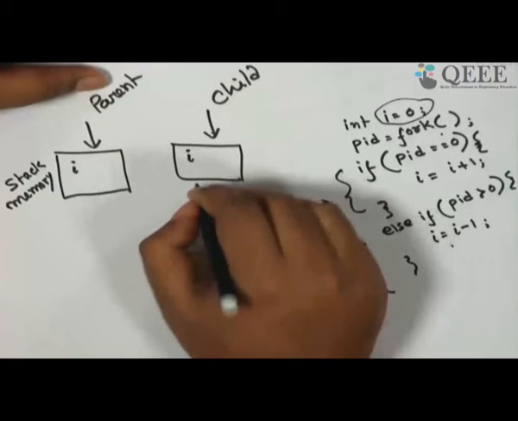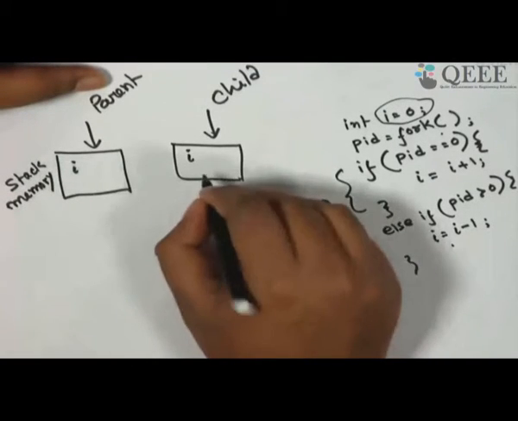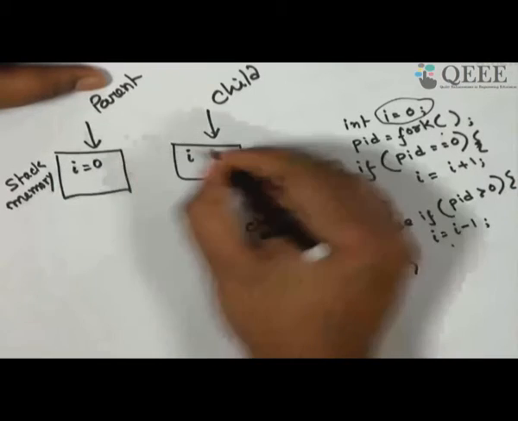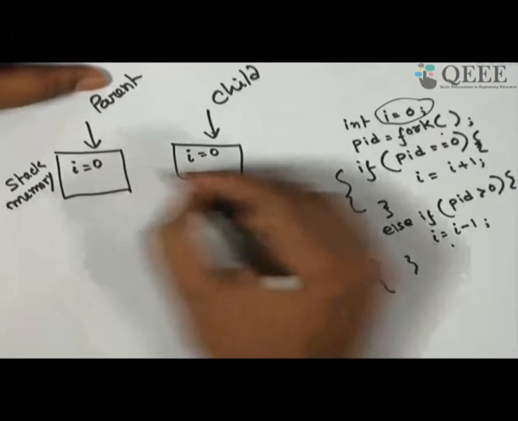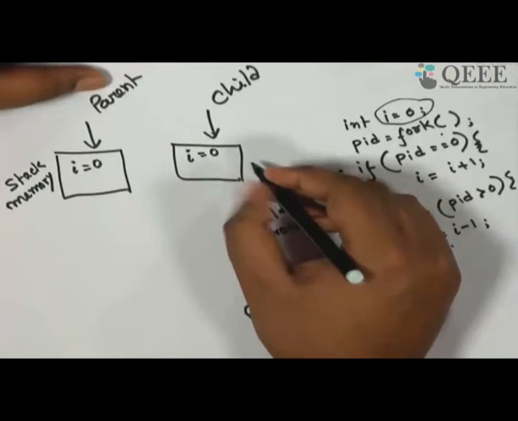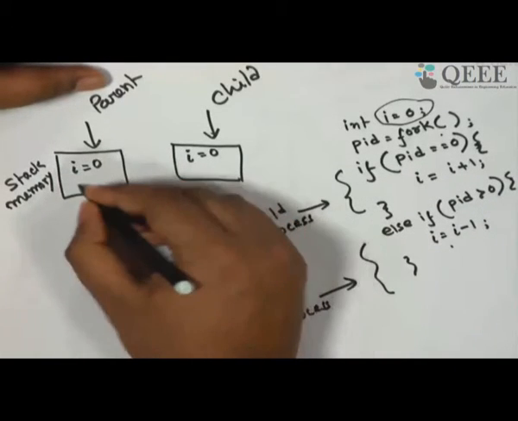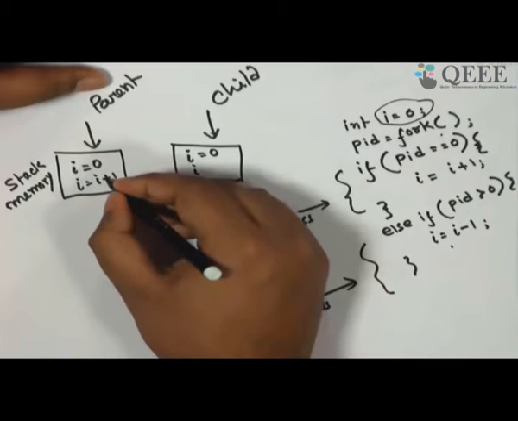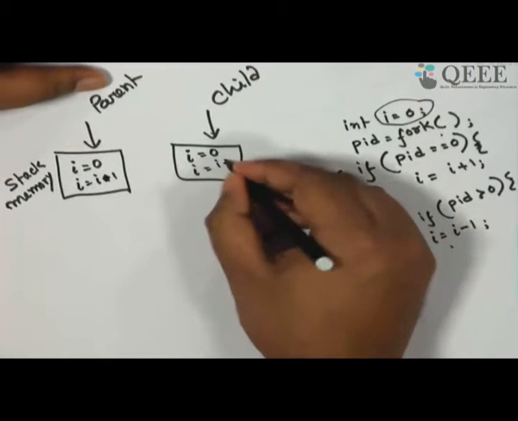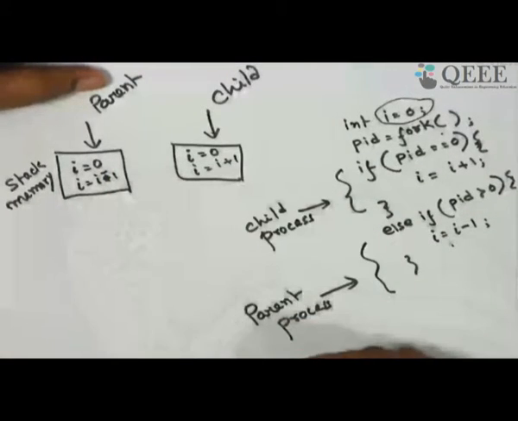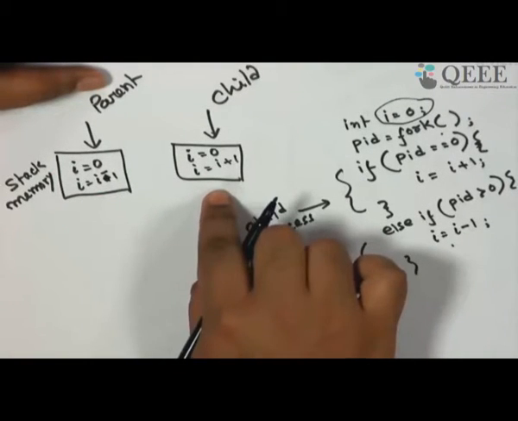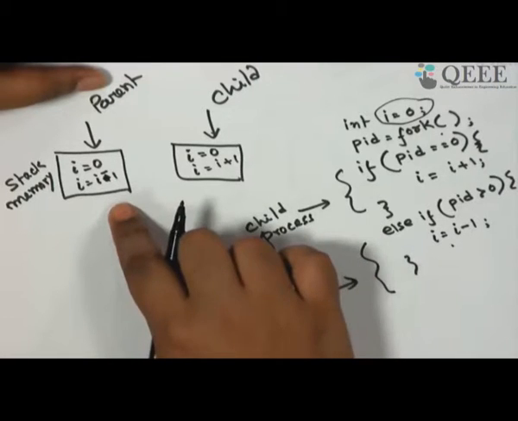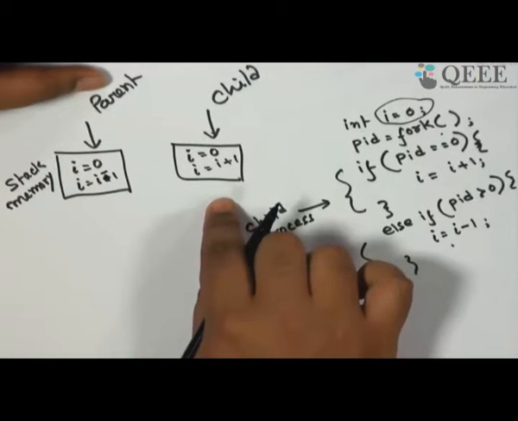The child will copy the code that the parent has, so the parent has the value of i as 0 and the child has the value of i as 0. Now the parent will decrement it separately, the child will increment it separately. So there is no relation between these two i's. They are completely two separate instances of the local variable i.